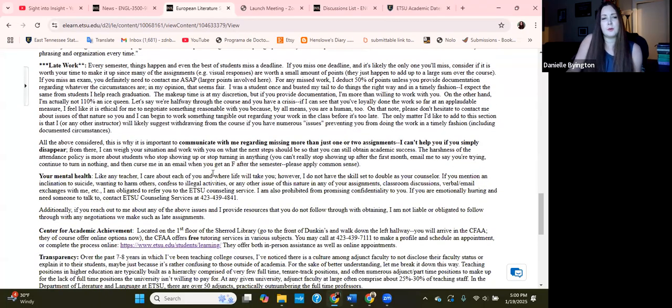Late work. I'm lenient the first time. After that, it starts to look like a pattern. It starts to look like laziness or a problem. That being said, I'm not going to be a total monster about things. If you can provide me with some kind of documentation or doctor's notes, pictures of your work schedule, whatever is going on that's creating problems for you, if you just reach out to me, we can negotiate something, so maybe you can get some partial credit on an important assignment or exam that you missed.